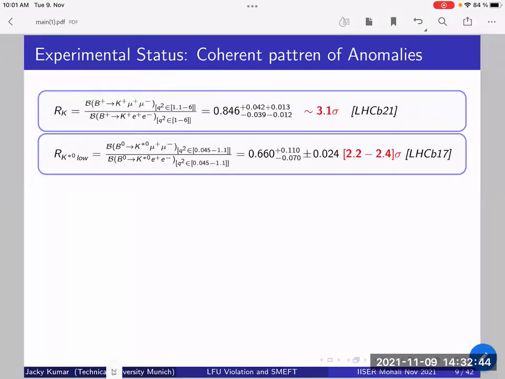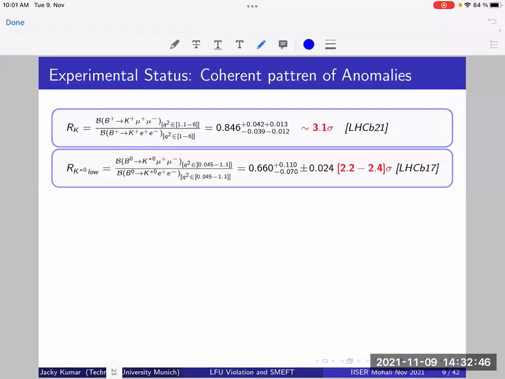Similarly, they have measured B0 to K star 0 mu plus mu minus in this q squared bin, 0.045 to 1.1 GeV squared. And this is also found to be suppressed as compared to the standard model. This came in 2017, and after that, I think this is the most precise measurement of R_K star.